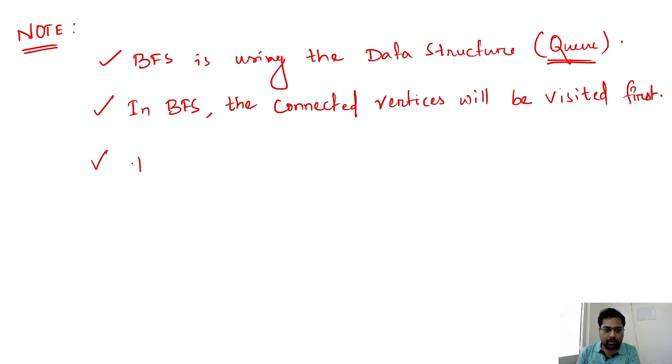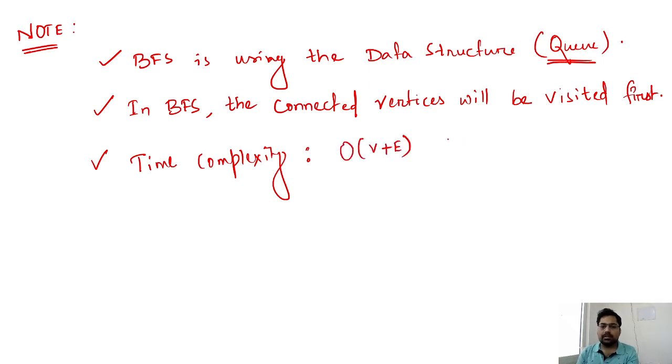Next, the time complexity. Though we are using an adjacency list, the time complexity is B plus E, or sometimes we can write it as N plus E, as we discussed in the previous videos.